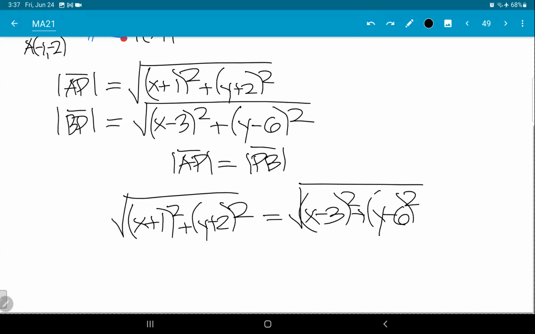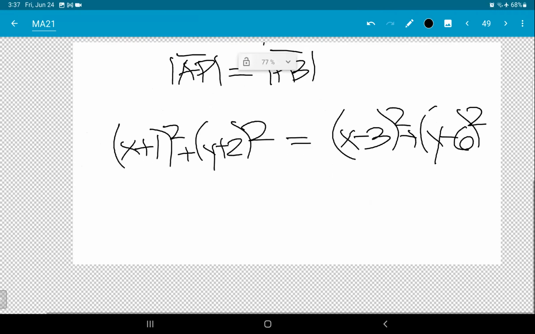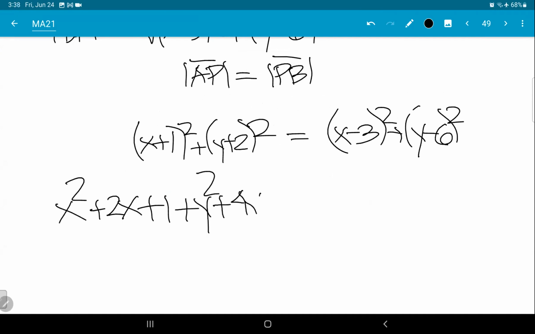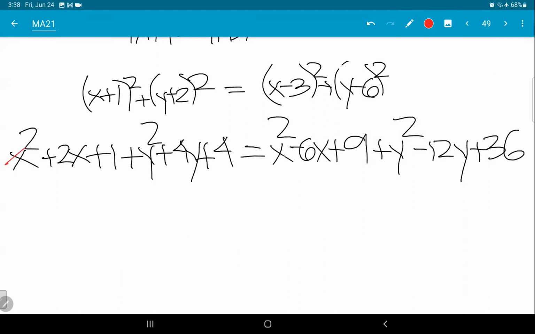So let's see. Let's square both sides. I'll remove the square root. And then things can be cancelled out. Expansion gives the following. And then we can cancel out like terms.